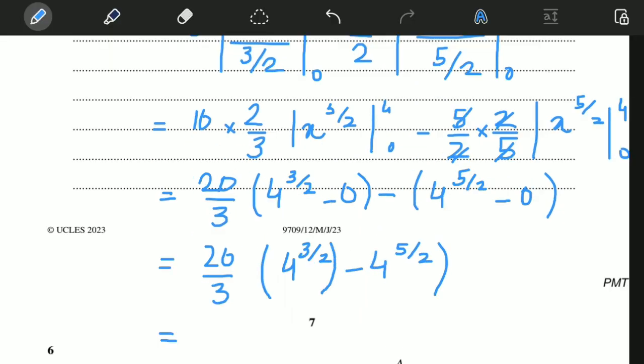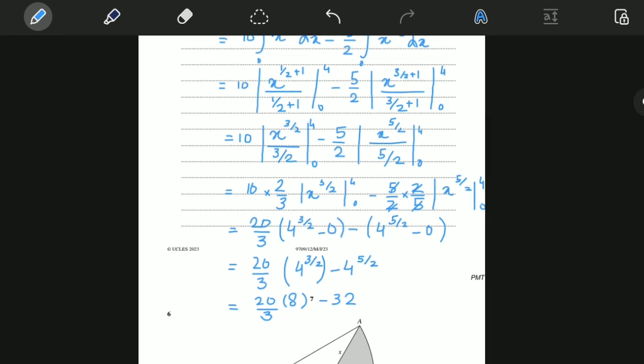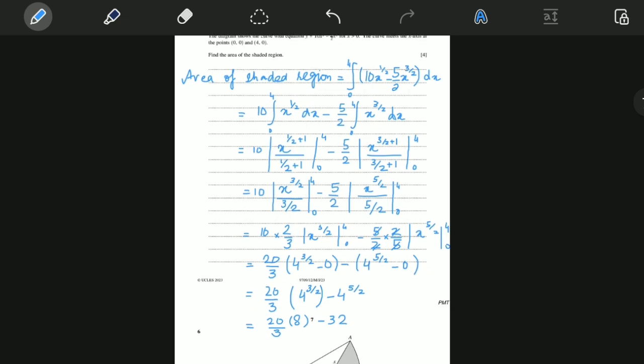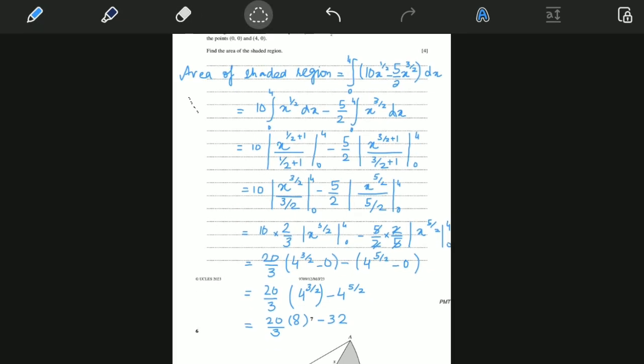Sorry, this 20 by 3 is just being multiplied with the first term, not with the second one. So this will become 8 and this will become 32. So 20 times 8 is going to be, just let me arrange this a bit.